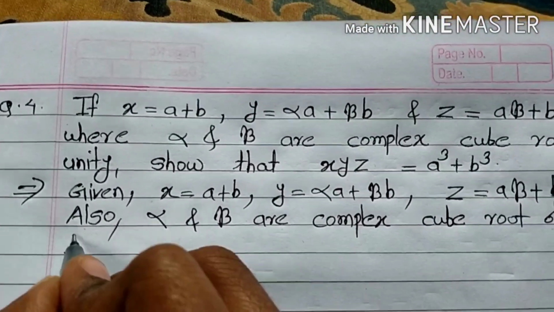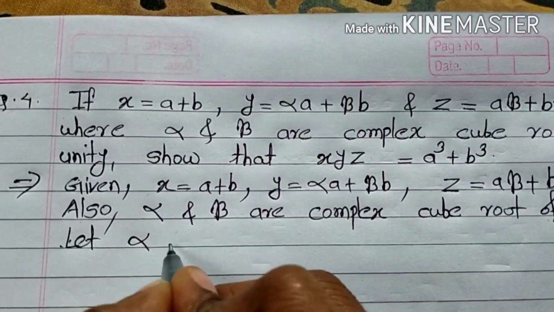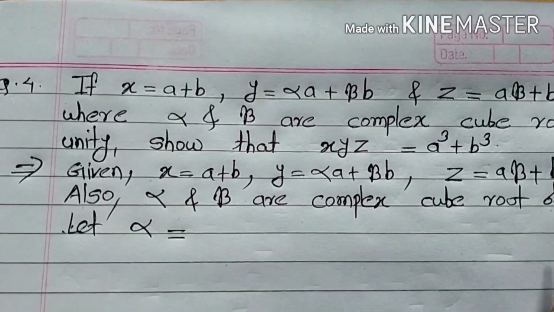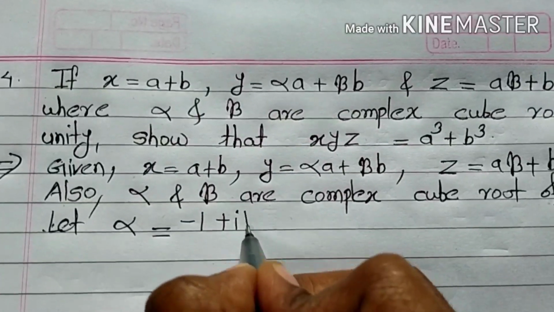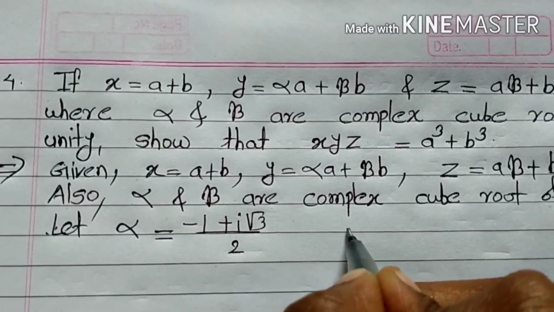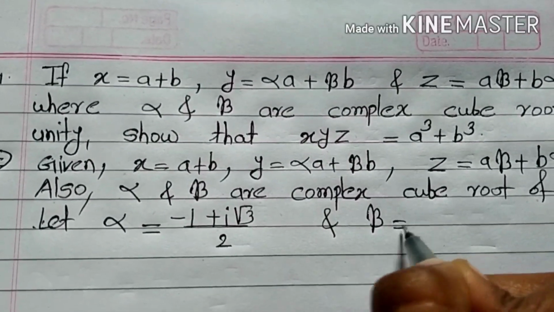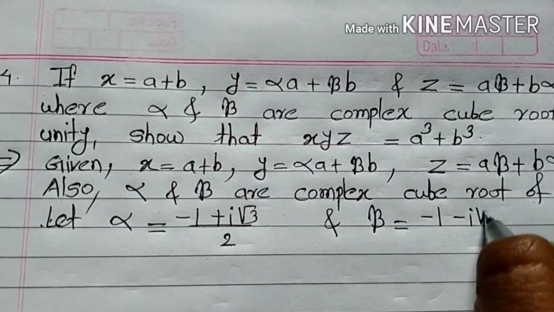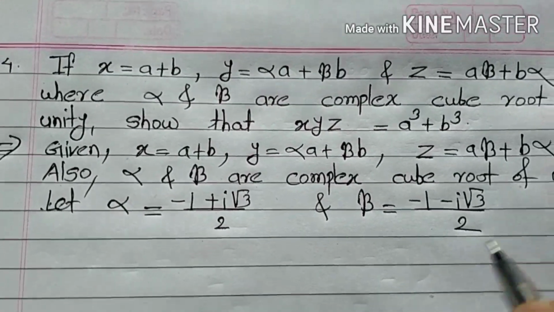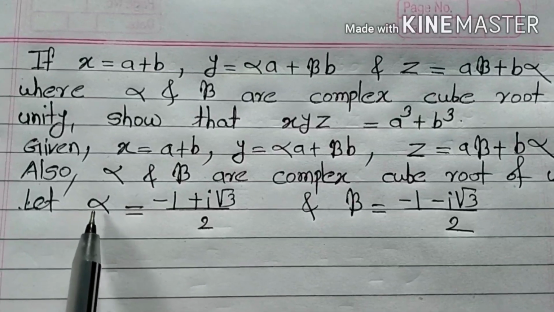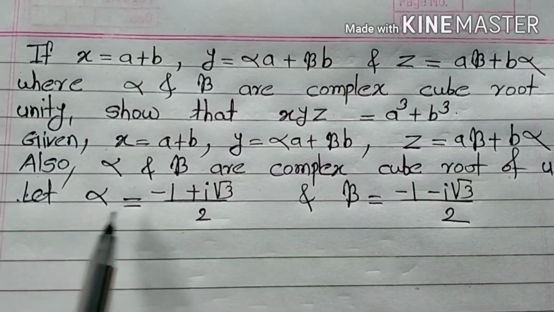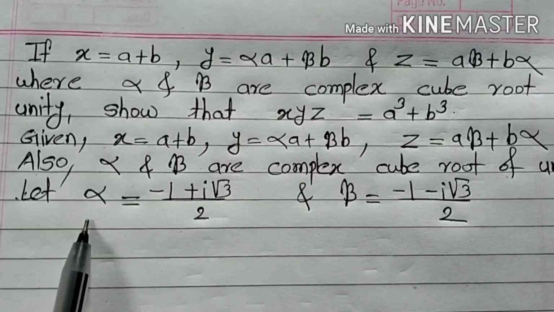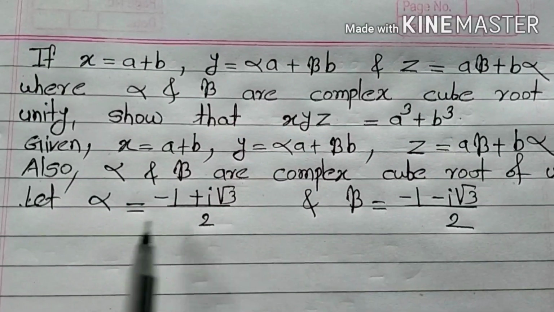Therefore, let alpha be equal to minus 1 plus i root 3 upon 2 and beta equal to minus 1 minus i root 3 upon 2, since these are the complex cube roots of unity, which we see when we find 1, omega, omega square; these are the two roots.